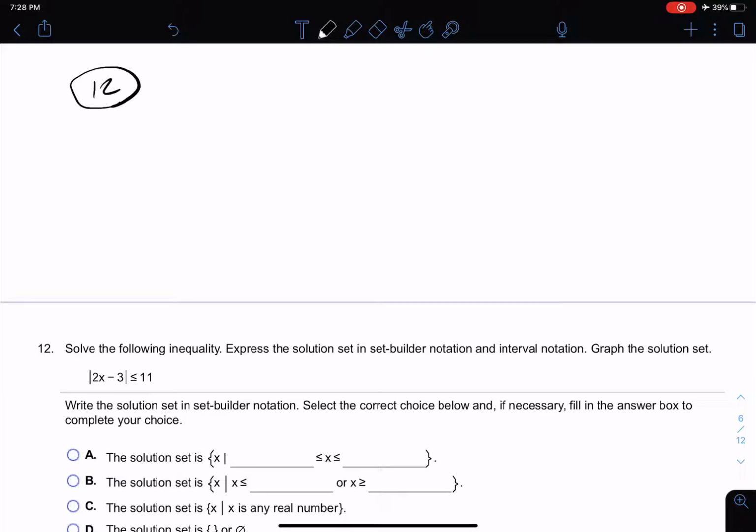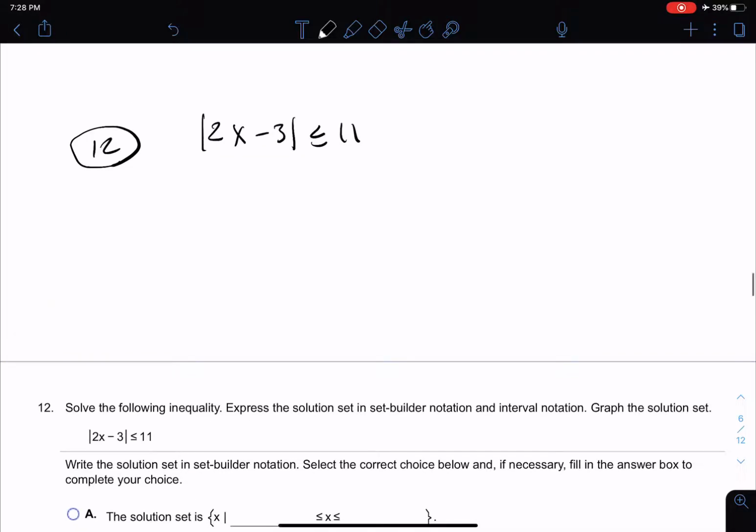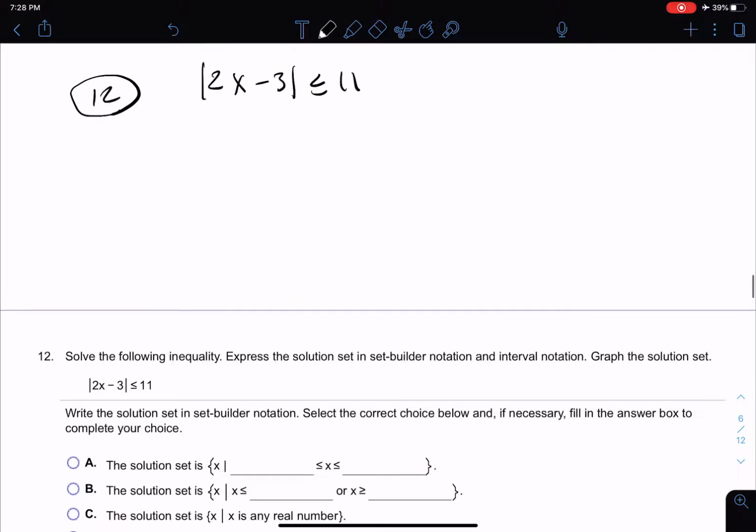And number 12 says absolute value of 2x minus 3 is less than or equal to 11. I guess I could have put it up a little higher. So what we want to do, we want to make sure that the absolute value is isolated on the left side, and that we simplified all our constants on the right, so we're good there.